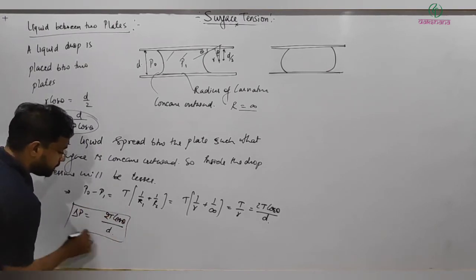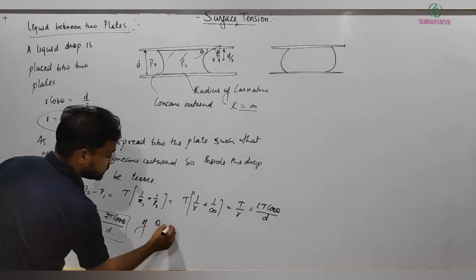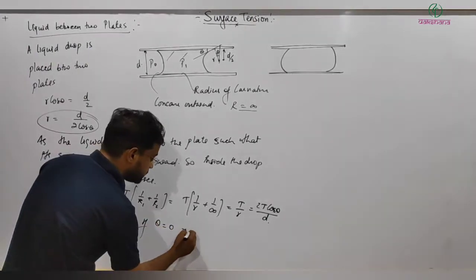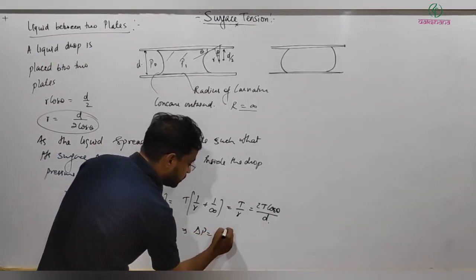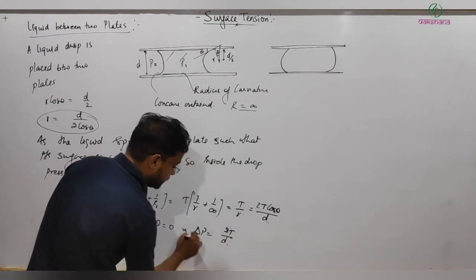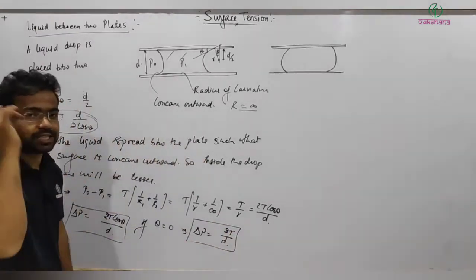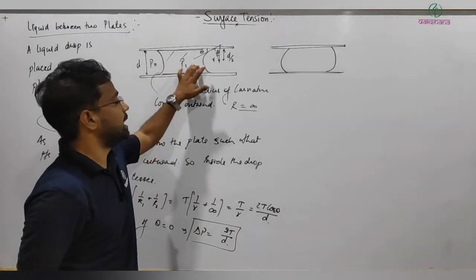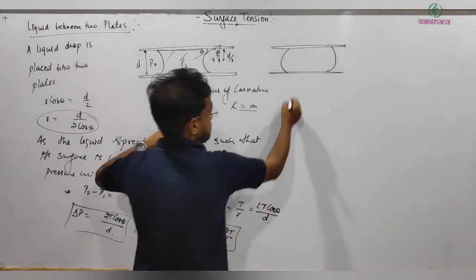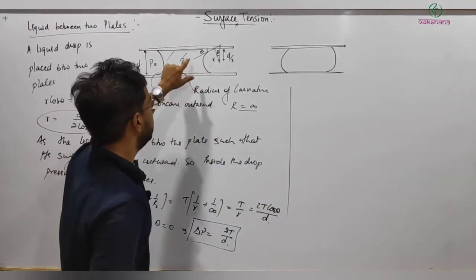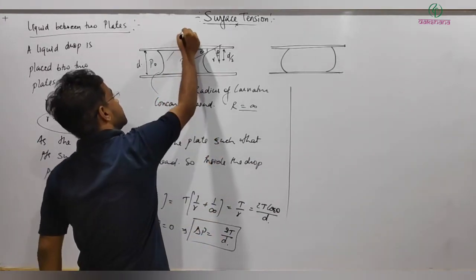Now here if theta is equal to 0, then delta P will be equal to 2T divided by D. So we got the excess pressure, or lesser pressure. So what will happen in this situation? Here the pressure is less and here the pressure is more, P naught.